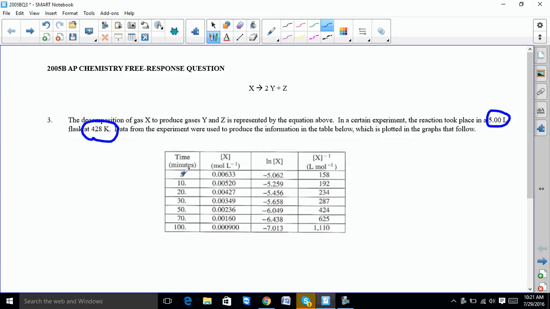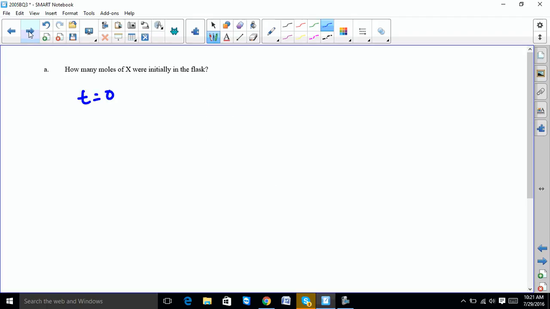At time 0, it says that the concentration of X, remember X is the reactant, at time 0 is 0.00633 moles per liter. See the moles per liter here. This is not too bad of a problem.